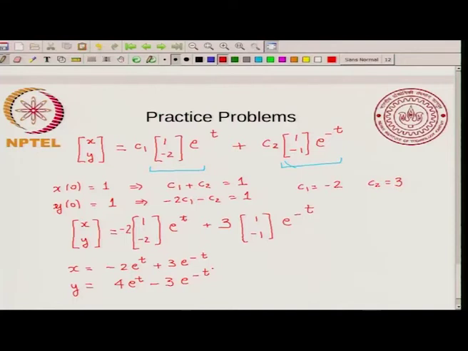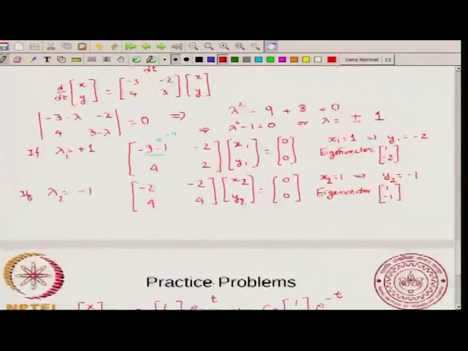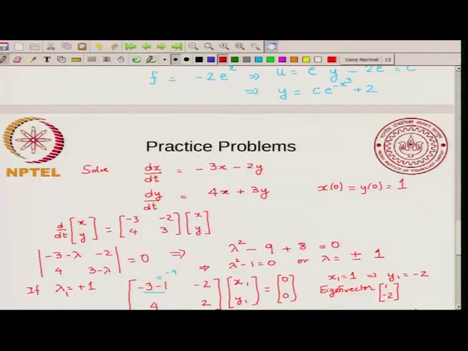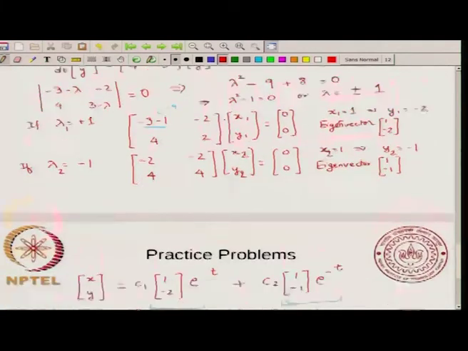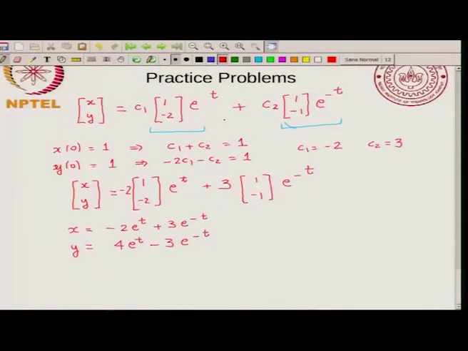If I equate the first row, I get the first equation, and if I equate the second row, I get the second equation. So in this way you can use the method of matrices to get the solution of the differential equation. Just for practice, you can verify that dx by dt gives minus 3x plus 2y, and dy by dt gives 4x plus 3y.